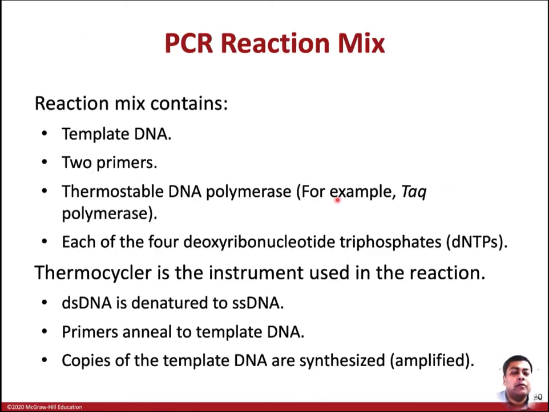So before going into the schematics, a reaction mixture of a PCR reaction will have a template DNA. Suppose we are working on human DNA and you have a human template. Then you need 2 primers. These primers you design and commercially make, and these are based on the sequence of your target DNA's flanking sequence.